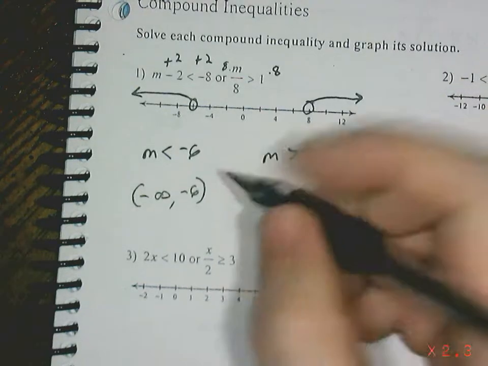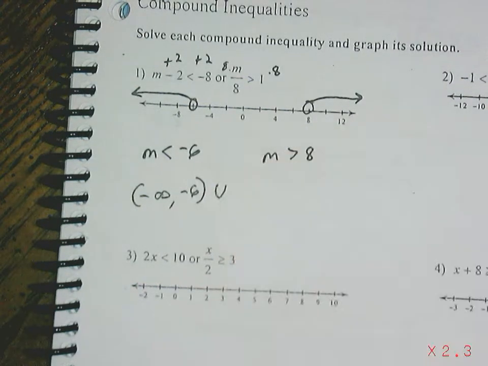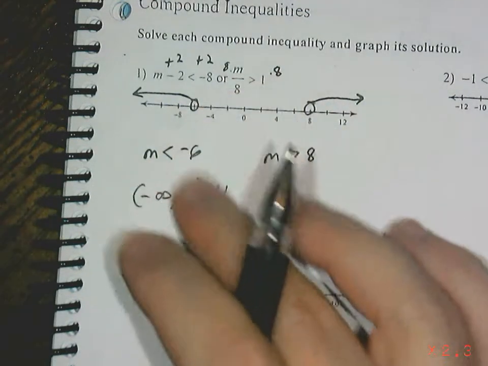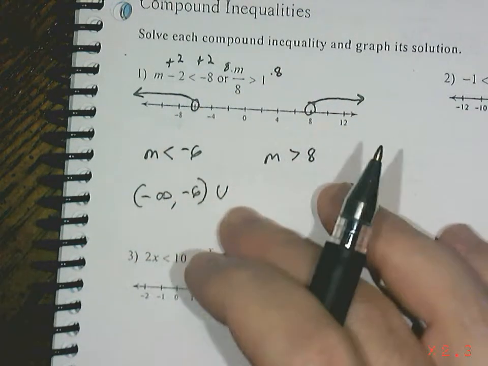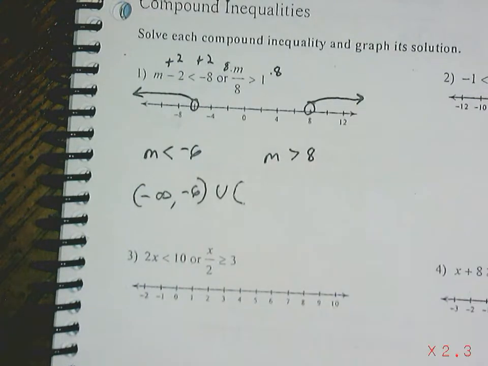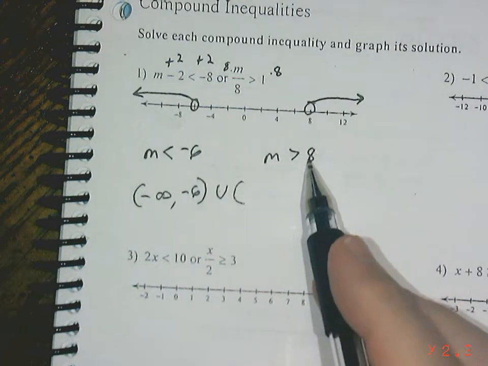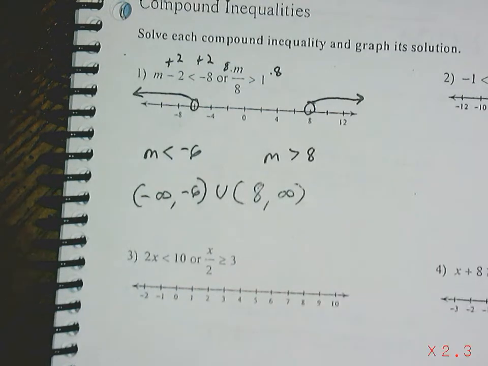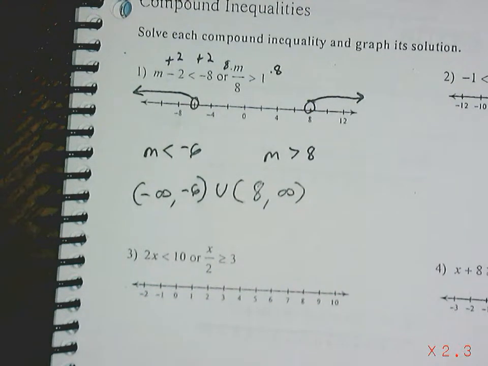So to do that, we put a U between our two interval notations. You're always going to have a U between each interval. Then you put a parenthesis because this is, again, not equal to, and you're going to put an 8, then an infinity, and another parenthesis. That's what you do with an OR.